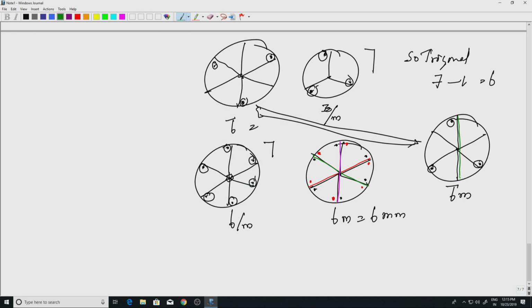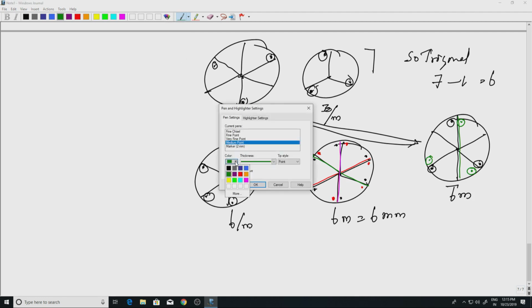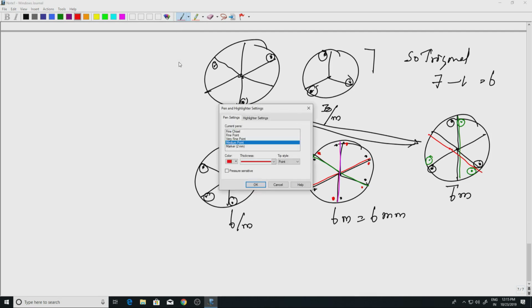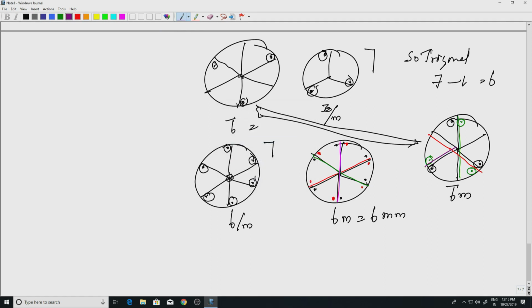This mirror brings it here. You can see that this is a generated mirror, and this is a generated mirror.